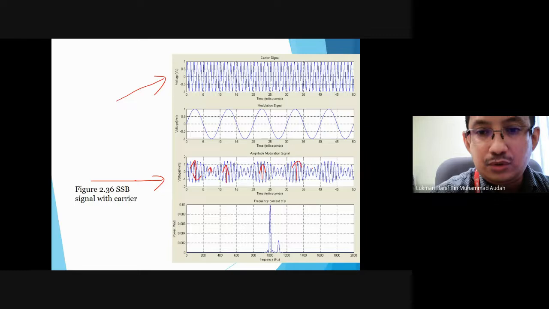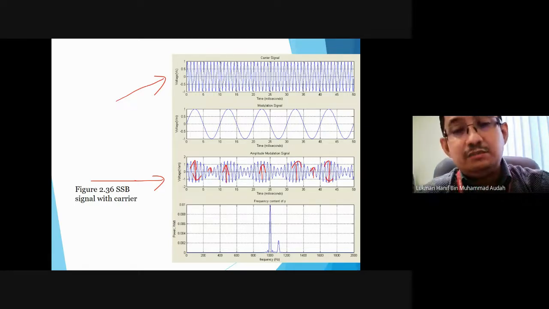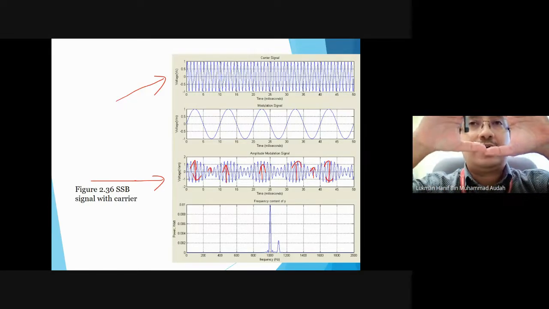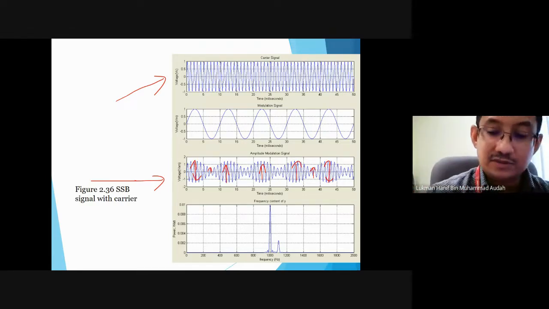Berbeza dengan angle modulation for FM and PM, amplitude of the carrier remains consistent, whereas the frequency and phase rapidly change. Nampak dia punya perbezaan.